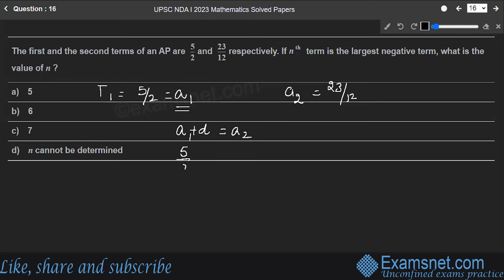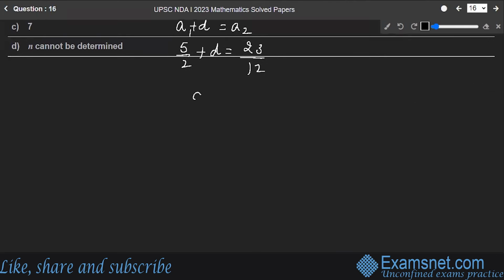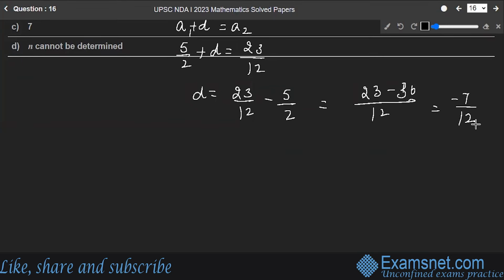So 5 by 2 plus d is equal to 23 by 12, which gives you the value of d as 23 by 12 minus 5 by 2. That is equal to minus 7 by 12. So we got the d. We know A1, that is 5 by 2, and d is minus 7 by 12.